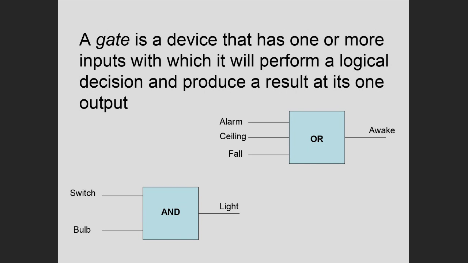Well, a gate is a solid state device, and remember the term solid state means there's no moving parts. And what the gate does is it simulates logic circuits. So if I have two switches in series and some kind of output, again like a light bulb, that represents AND logic. Well, there's a gate, a solid state circuit that performs the AND logic.